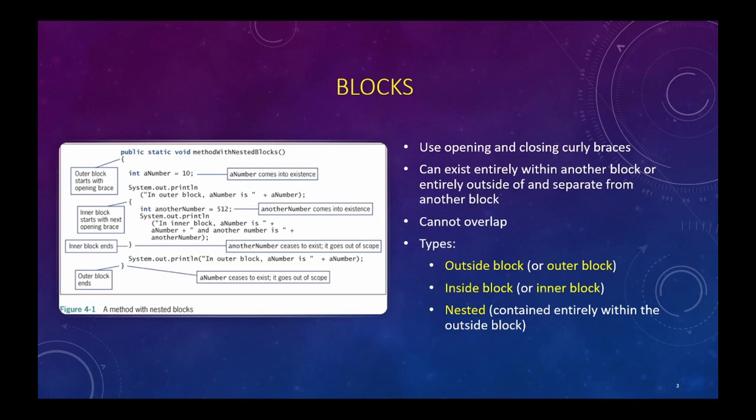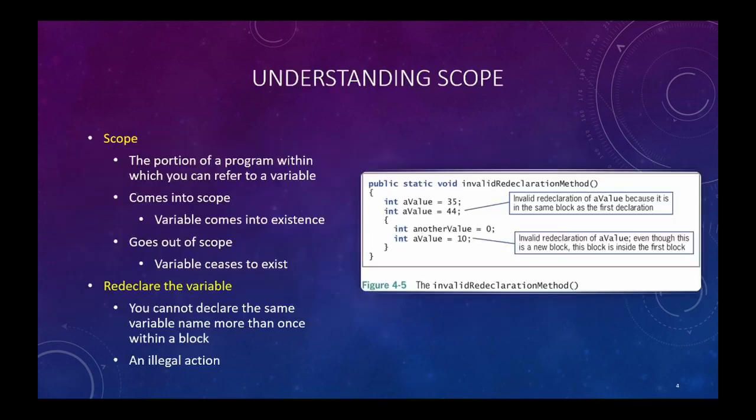Blocks are going to give indication of the scope of certain items, such as the variables. The scope is the portion of the program where the variable is going to exist, okay? And it can be accessed. We say that variables can come into scope and they can go out of scope. They are created and come into existence when they come into scope, and they basically no longer exist when they're out of scope, so you cannot use them.